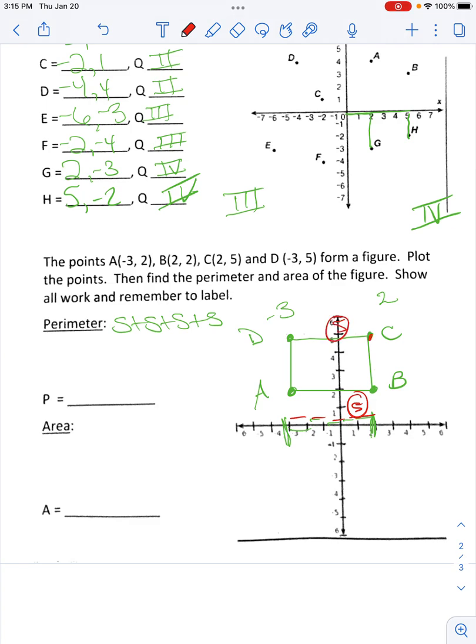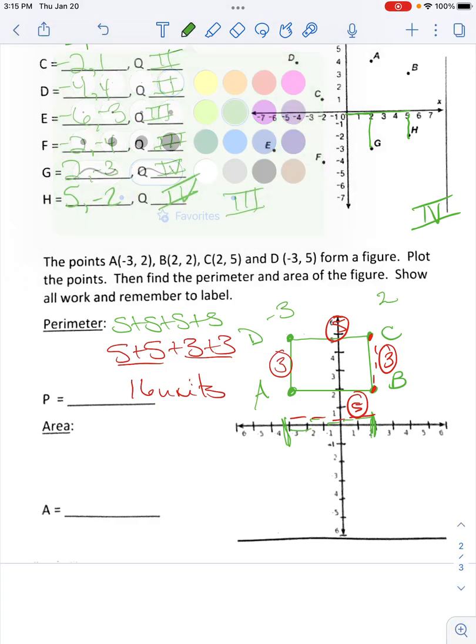And then we are at 5 here and 2 here. So from 5 to 2 is 3 units. Okay, so the sides are 5 and 5 and 3 and 3, which make 10 and 6, which is 16 units for the perimeter.